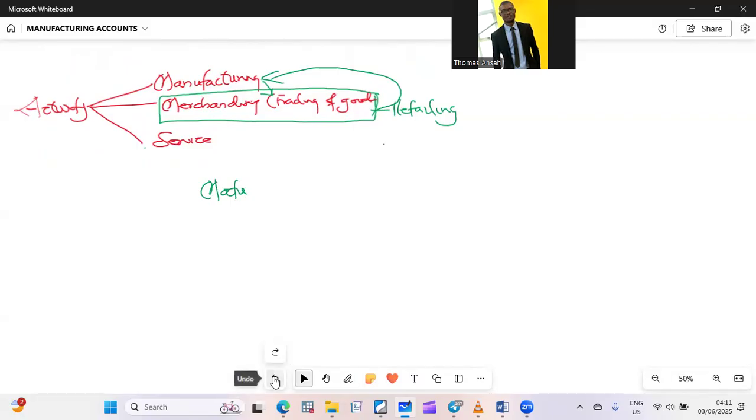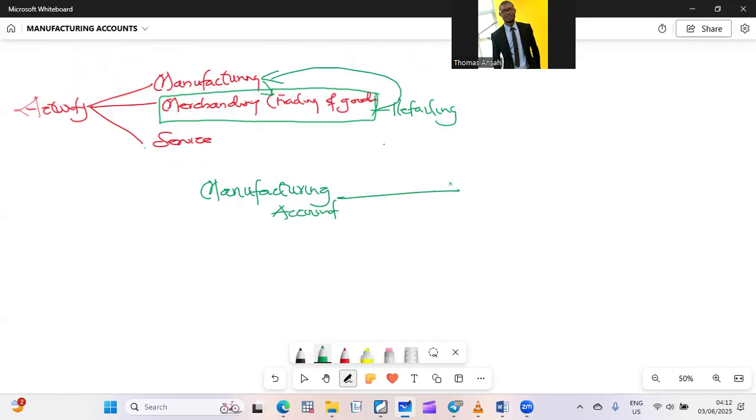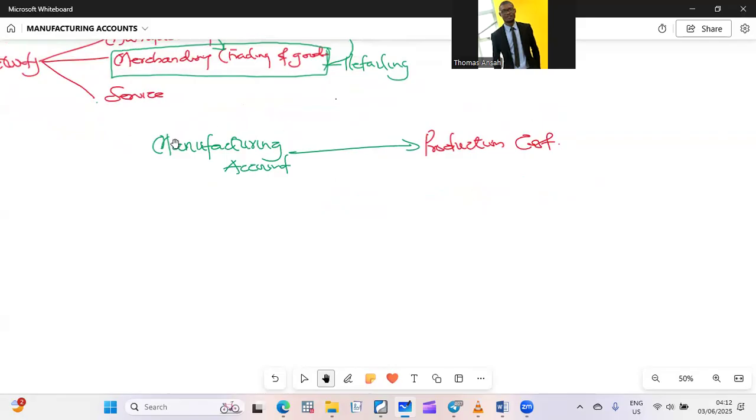So what you must understand is that when we talk about the manufacturing aspect of the business, the purpose of the manufacturing account is to ascertain the production cost. Because we are looking at production cost, we'll be preparing a manufacturing account.